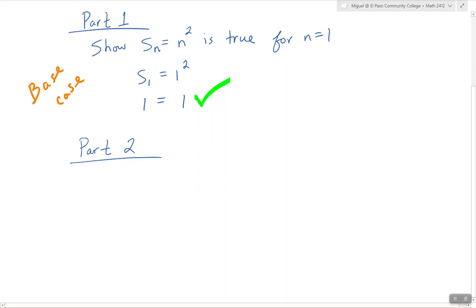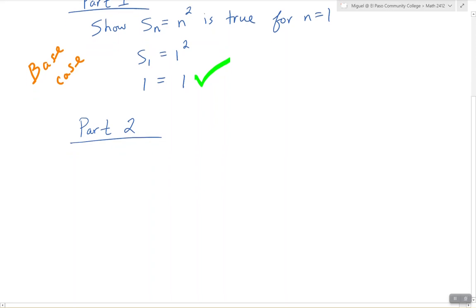So we're going to start with the statement that we were given, which is the S sub n statement with the formula. We're going to assume that that is true. But we're going to use, let's use a different variable than n. Let's use k.